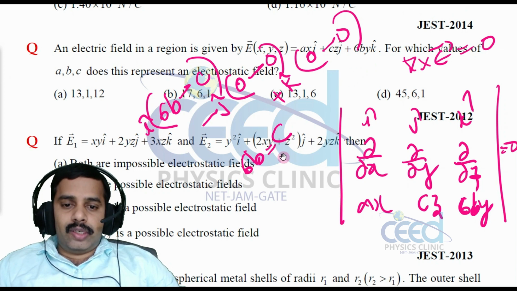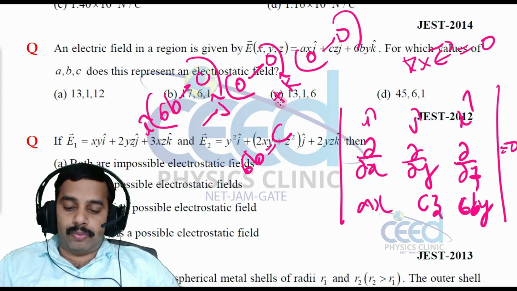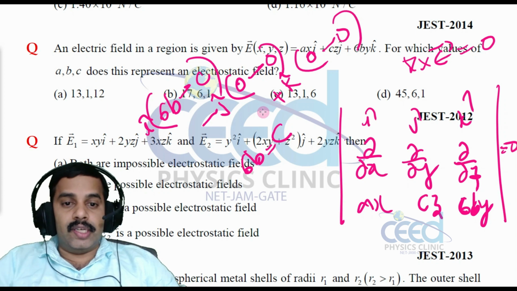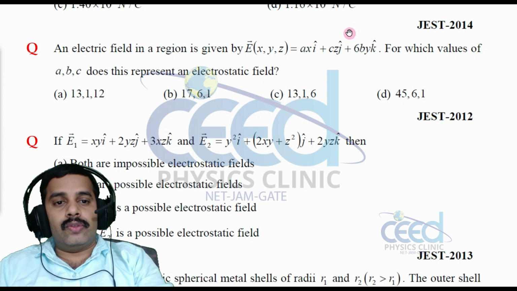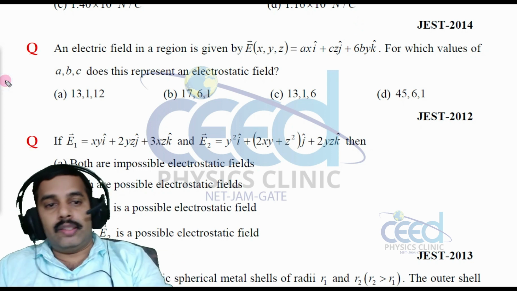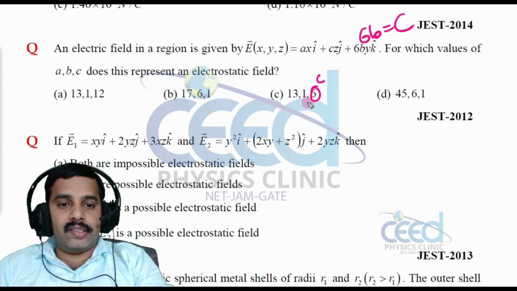Now, 6b is equal to c, so you can see which option satisfies this condition. So c is 6 times b.